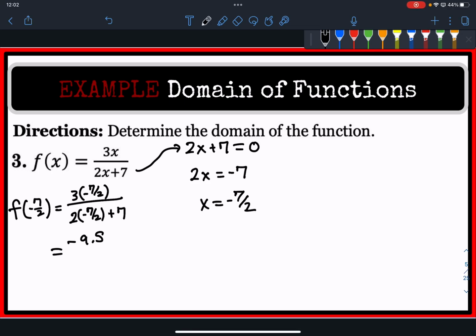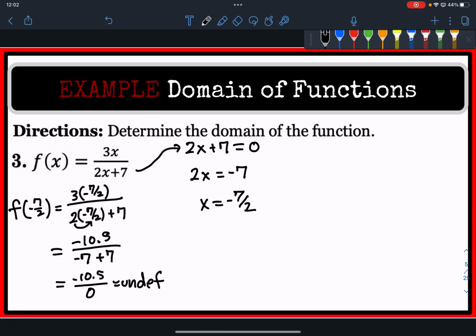I stand corrected, that's negative 10.5. And on the bottom, multiplying 2 with this number is going to give us negative 7. And then subtracting, negative 7 plus 7 is equal to 0, which again is undefined.